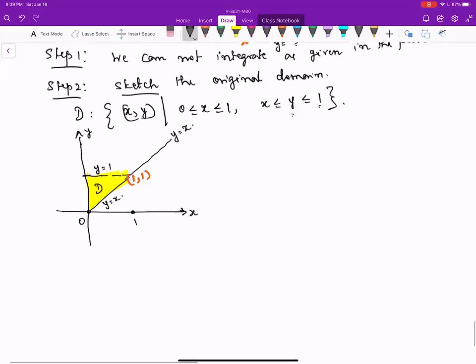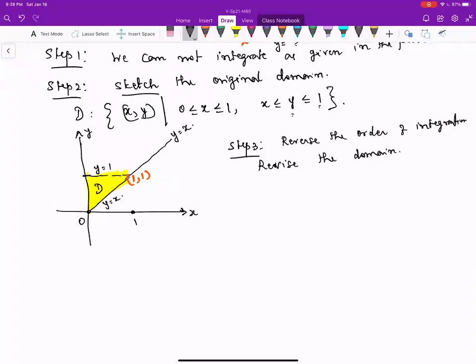Now, if I keep the limits the way they are given in the problem, we already saw that we cannot integrate. So what we have to do in the next step is, keeping the domain as is, reverse the order of integration. In other words, revise the domain.